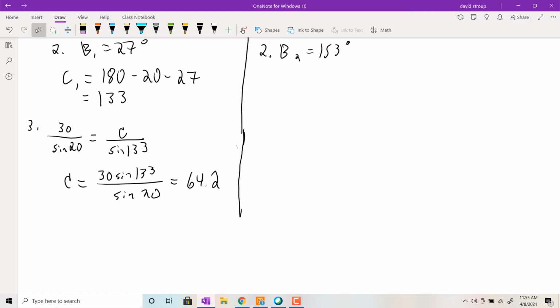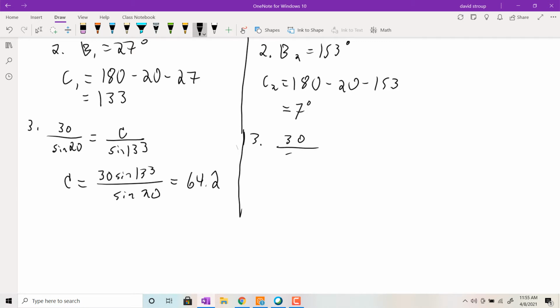Okay. Go get the other guy then, so C2 will be 180 minus 20 minus 153, assuming that works, right? Because on the test you're not going to know if it works or not, you just have to test it and make sure it's not giving you a negative answer. So 180 minus 20 minus 153 is, and yeah, it works. It's a small angle, but it still works. So 7 degrees. Then use your law of sines, right?